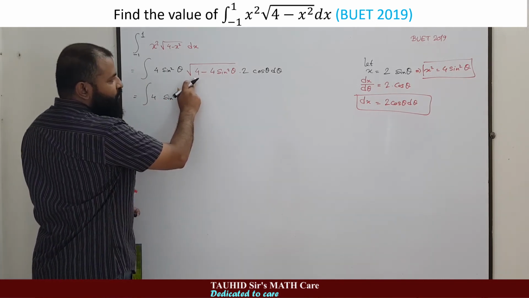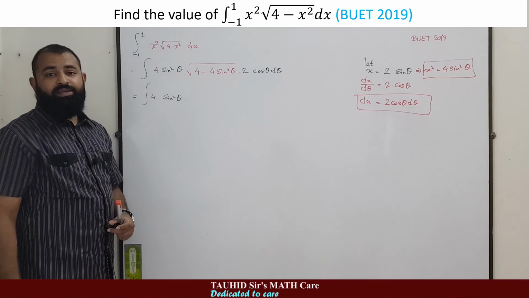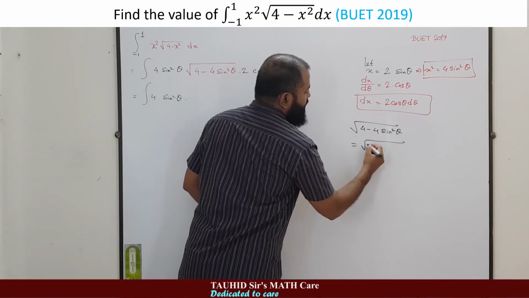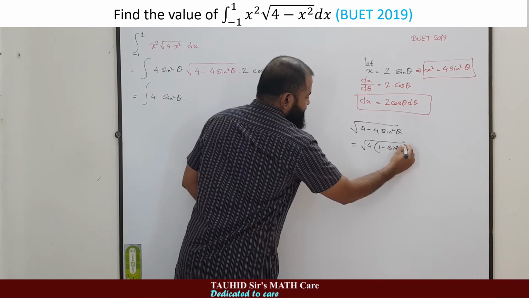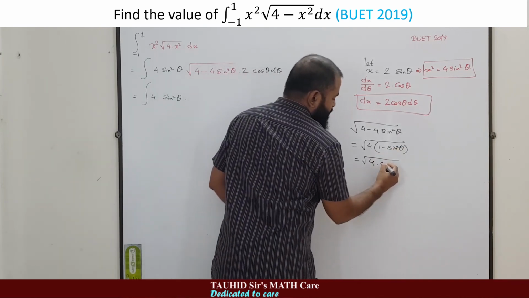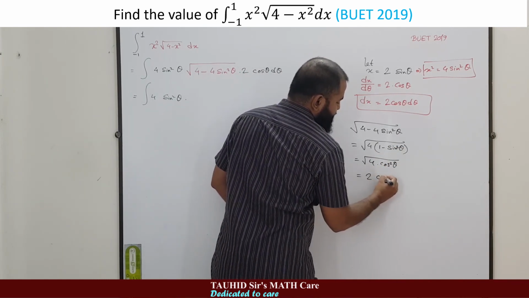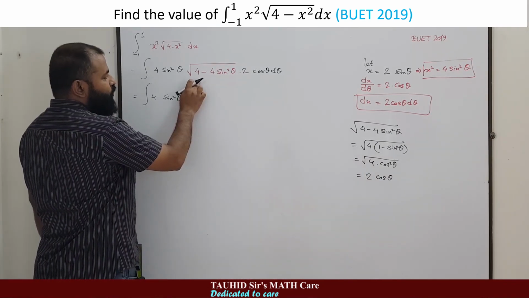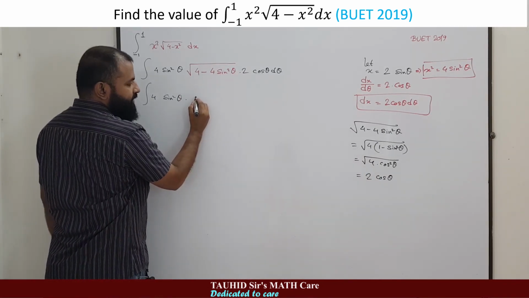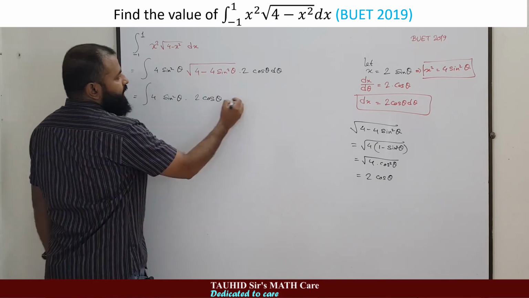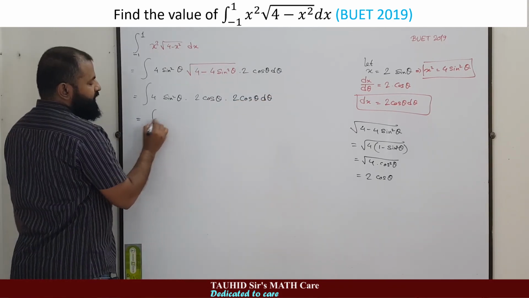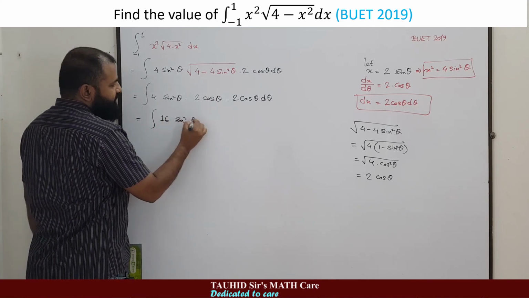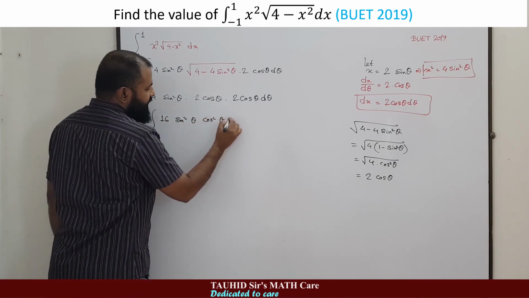What does root over 4 minus 4 sine square theta mean? If we take 4 as common, 1 minus sine square theta is cos square theta, so we get 2 cos theta. In place of root over 4 minus 4 sine square theta, we can simply write 2 cos theta, into 2 cos theta d theta, which equals the integration of 16 sine square theta cos square theta d theta.